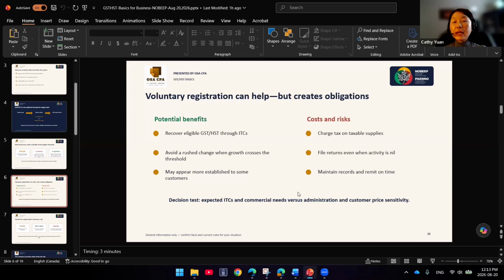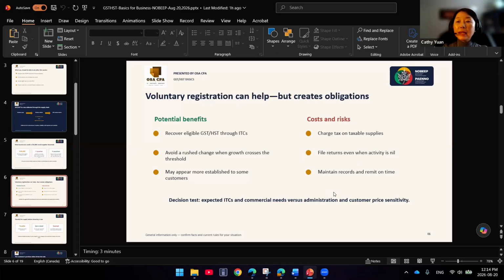From the CRA's point of view, you have this tax account open, so you have to file the return. That's the big thing business owners should consider before voluntarily registering this tax account. Okay, that's what I want to highlight.